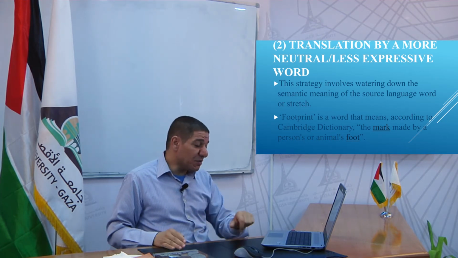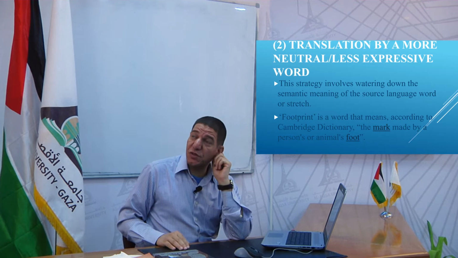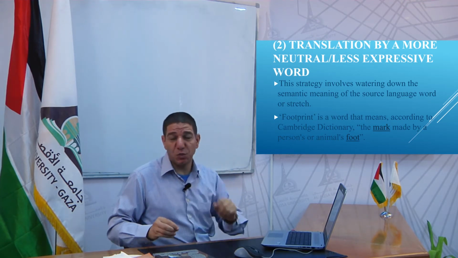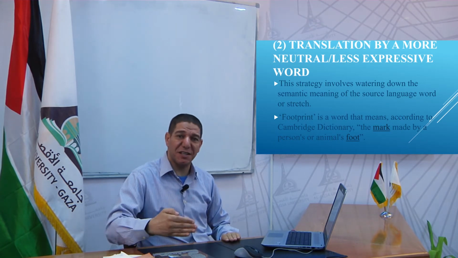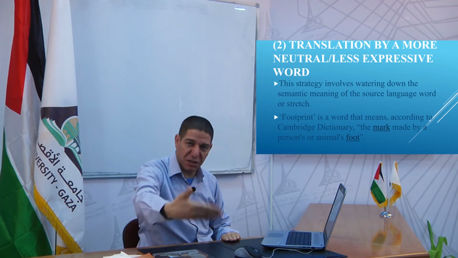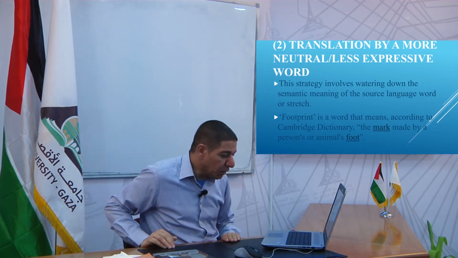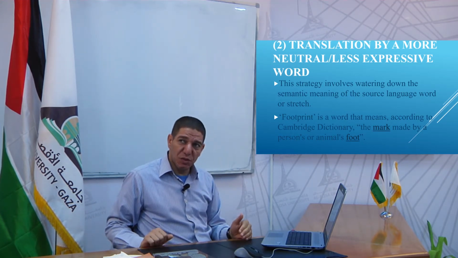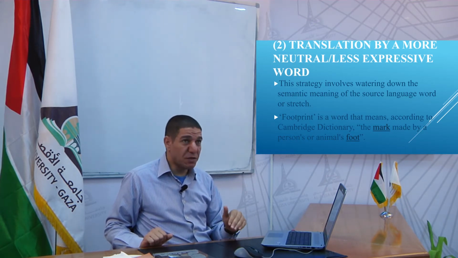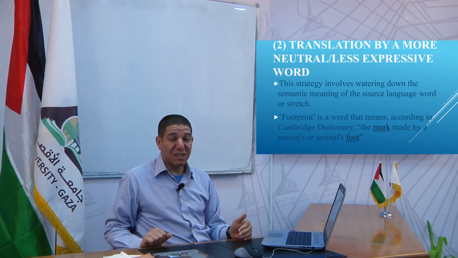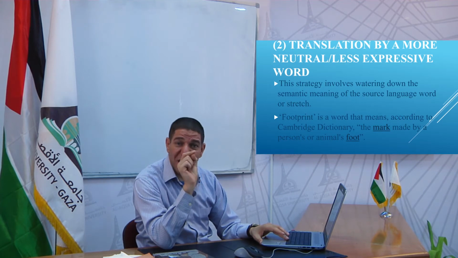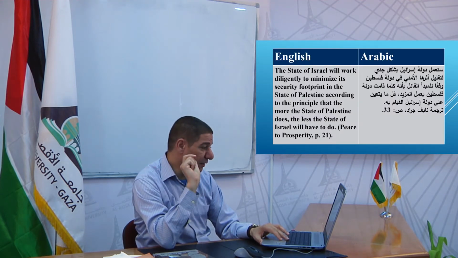Now, sometimes the translators used the Israeli footprint, for example, would be less if the Palestinian state does the job. They mean the security job, okay? Some writers used حضور. Some translators used أثر, okay? But nobody used أثر القدم, okay?